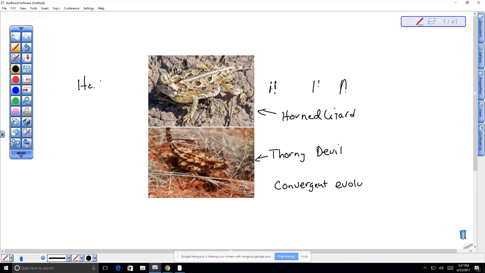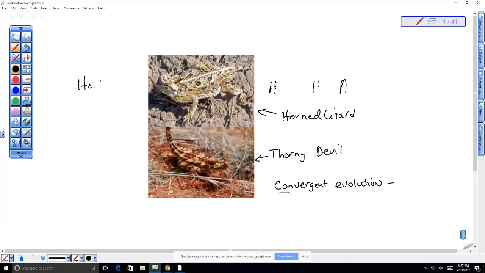Evolution is a change in a group of organisms over time, and con means coming together. So these organisms have similar traits based upon the fact that they evolved to similar conditions rather than that they have a close ancestor.